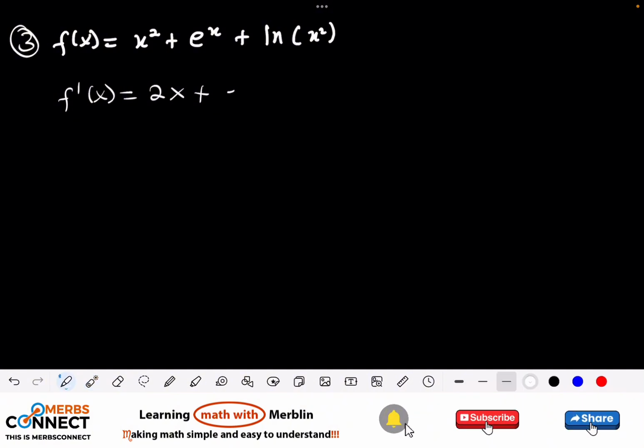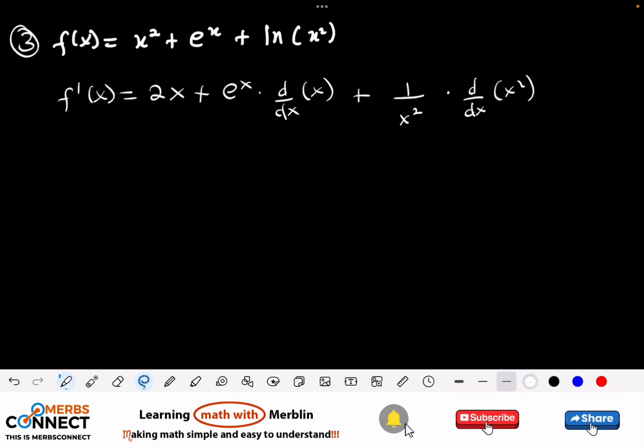We said maintain the function, then multiply it by the derivative of the top. That's all. Plus, we learned how to differentiate a ln function: 1 divided by what is inside the parenthesis, which is x squared, times the derivative of what is inside the parenthesis.